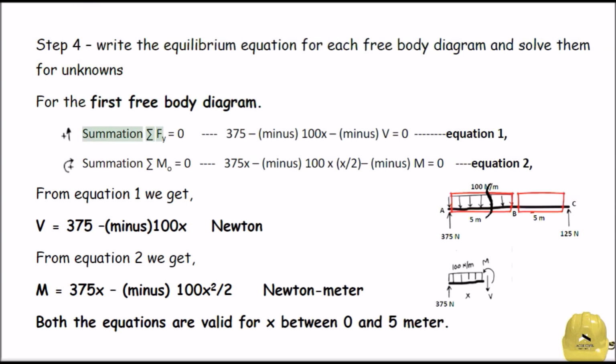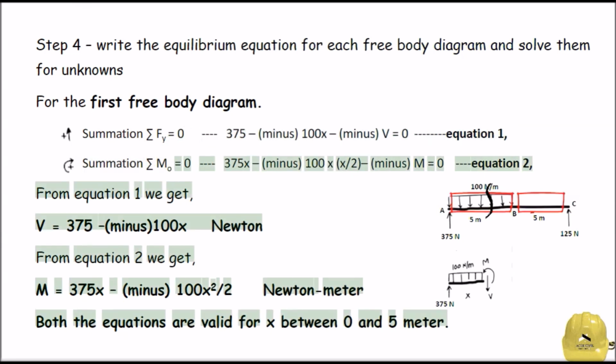Summation F Y equals 0: 375 minus 100x minus V equals 0, equation 1. Summation M O equals 0: 375x minus 100x times x/2 minus M equals 0, equation 2.